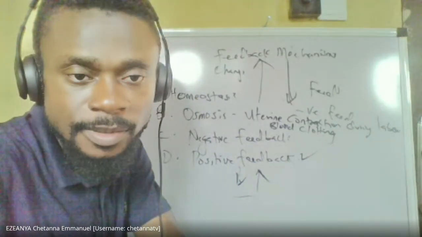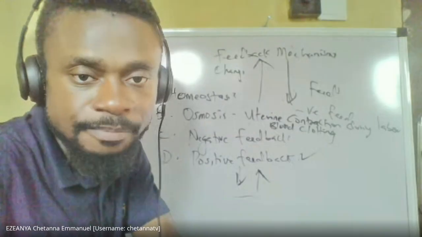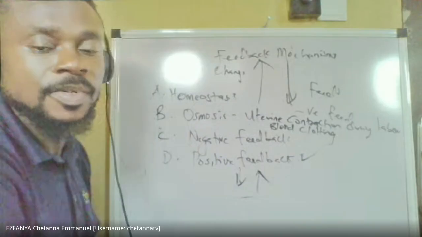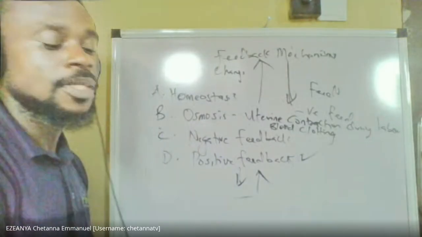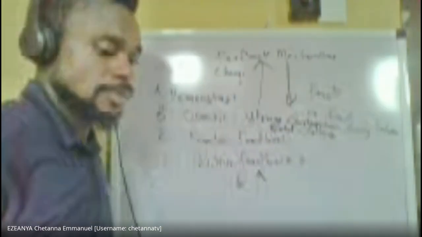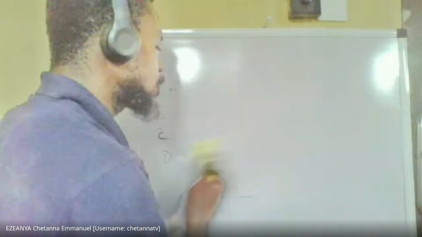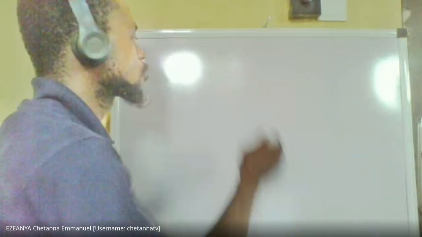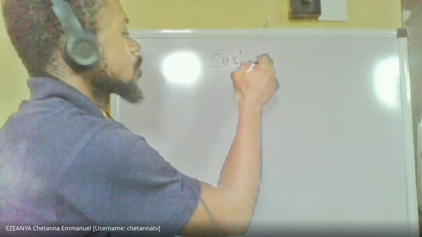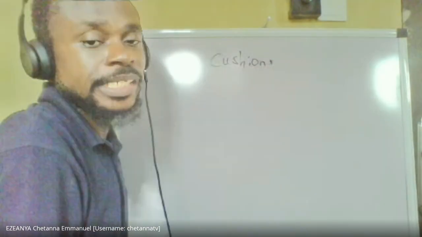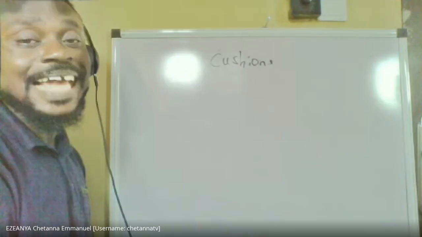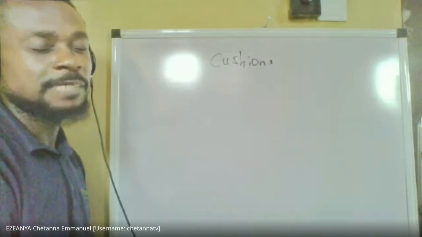Question 5. What is the name of the fluid that cushions and protects the brain and the spinal cord?